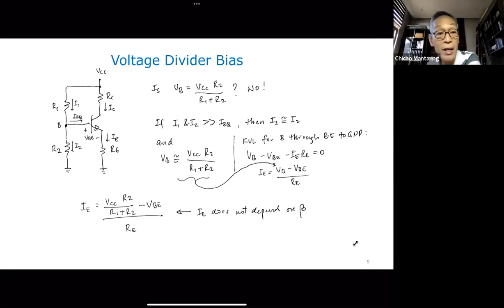I sub E does not depend on beta. In other words, if I satisfy this condition, that I1 and I2 are very much greater than IBQ, my I sub E surprisingly will not depend on beta.